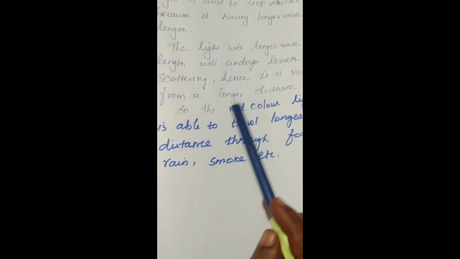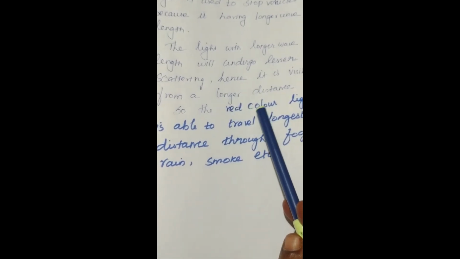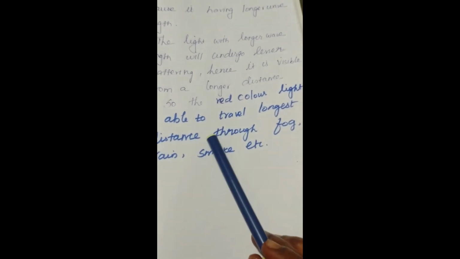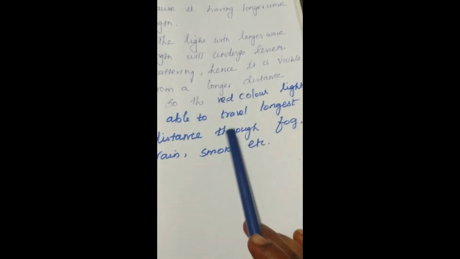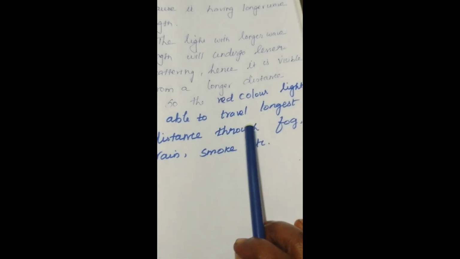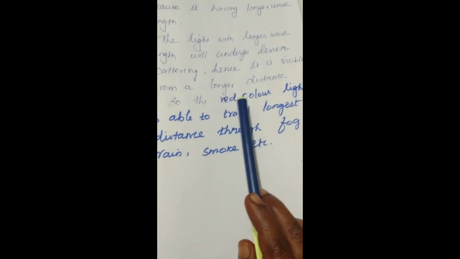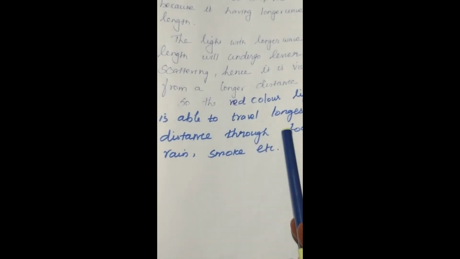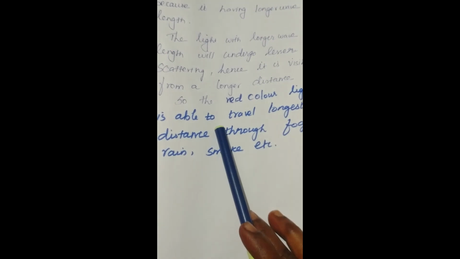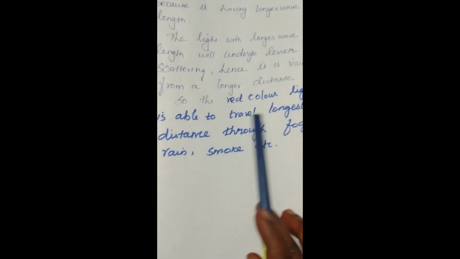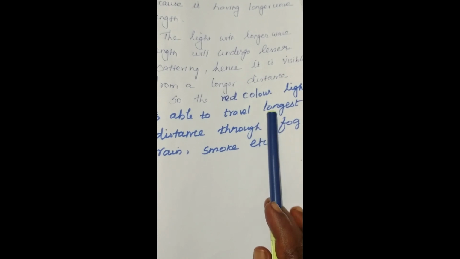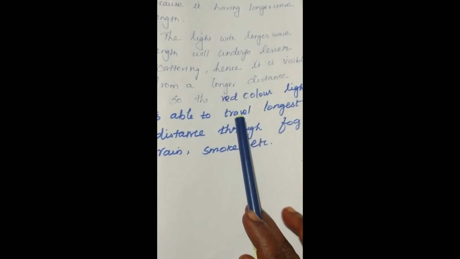So, the red color light easily passes through fog, smoke, rain, etc. So the red color light is able to travel longest distance. Longest wavelength is there, so it can travel long distance and less scattering power is there.